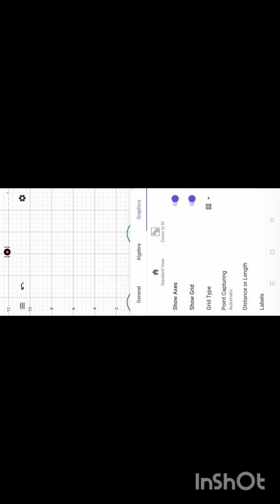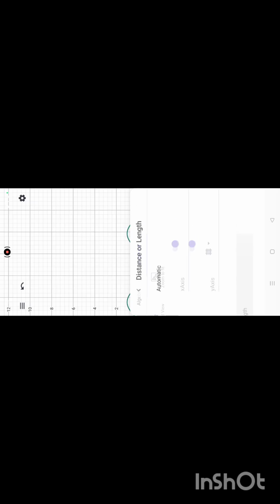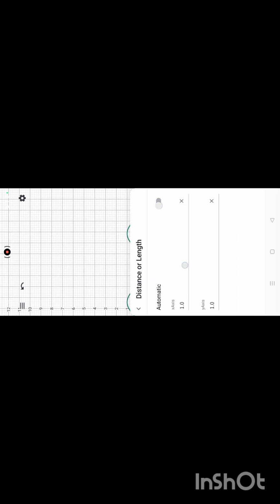Here I'll change the input. Let us give a degree, that is okay, pi by 2 radians will give the scale value. Here it has been set automatically.